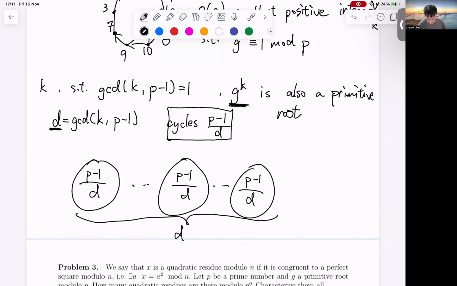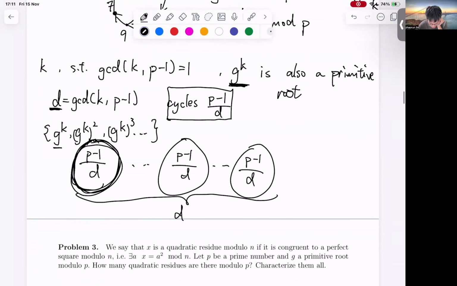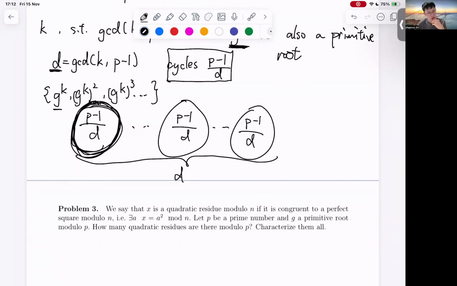If we take the cycle that contains 1, the primitive root, then the power of 2, then the power of 3, this cycle does not have a length of p minus 1, so it's not a primitive root.